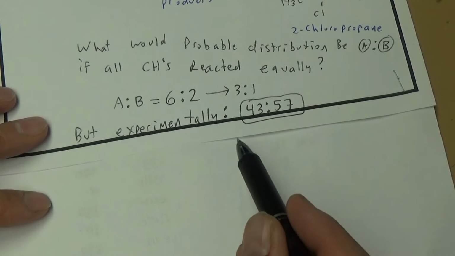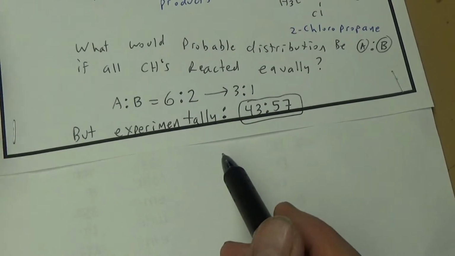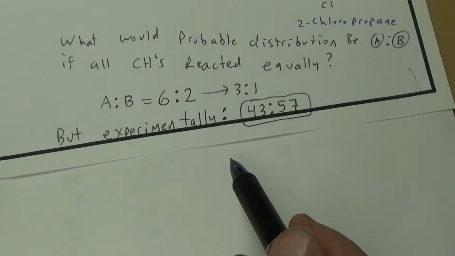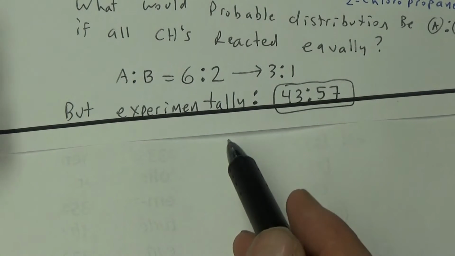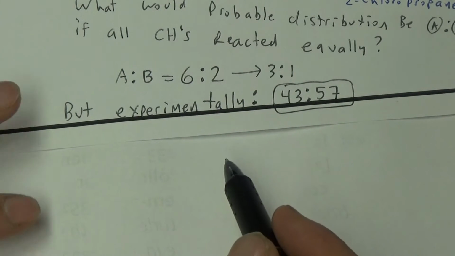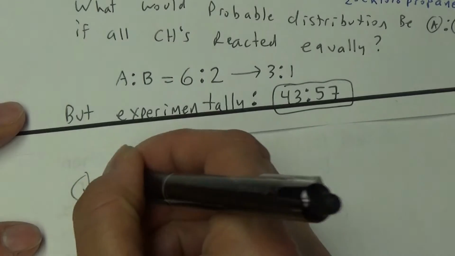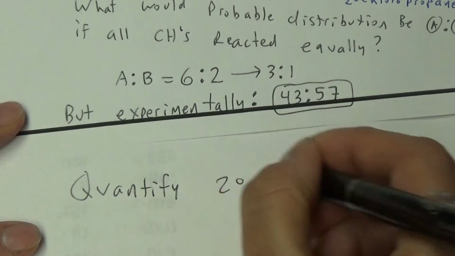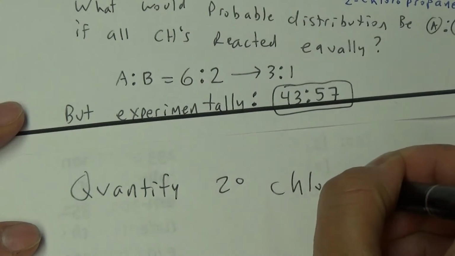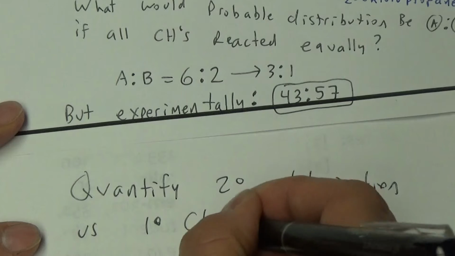Now the calculation looks a little scary. It's not that scary. Don't worry about it. If you get stuck on the calculation, don't worry, you're not going to be asked to do the calculation. But we will need the result of it. So what we're going to determine is we're going to quantify the amount of secondary chlorination versus primary chlorination.